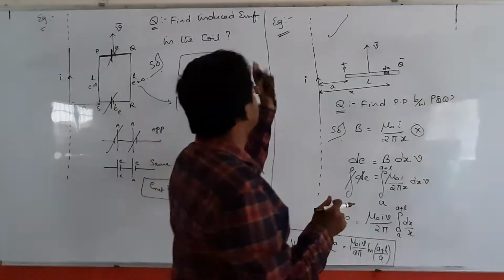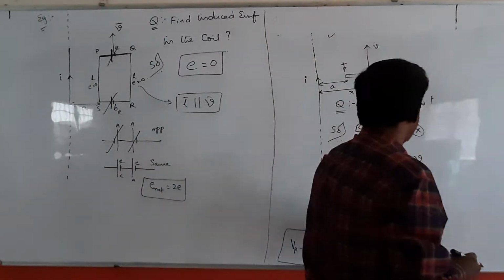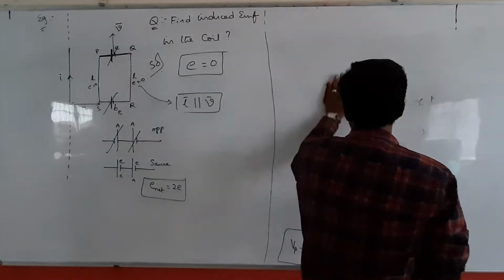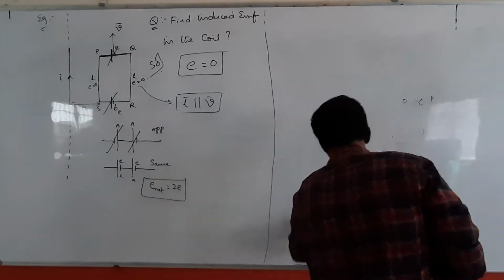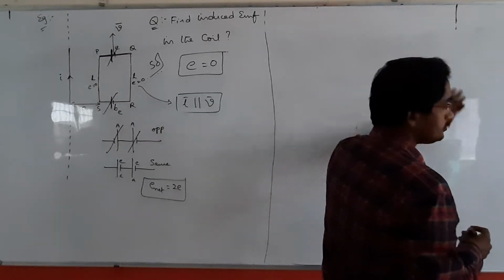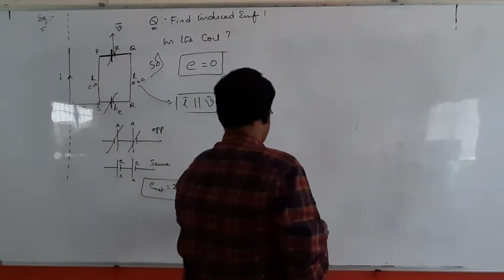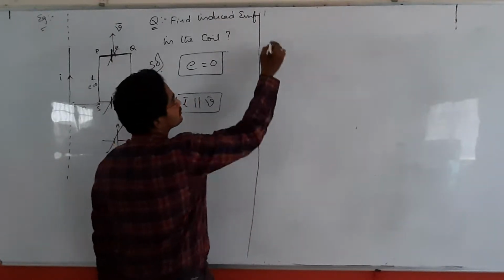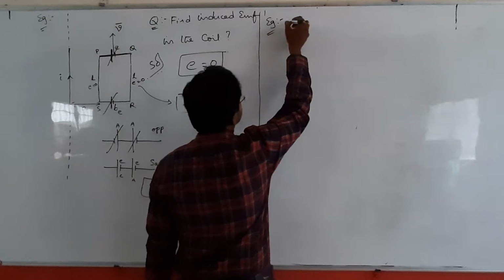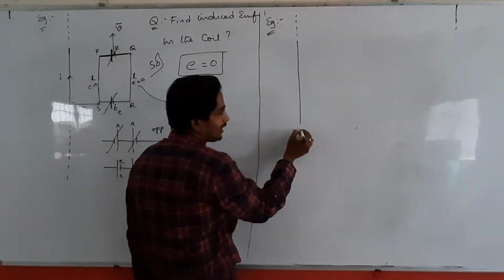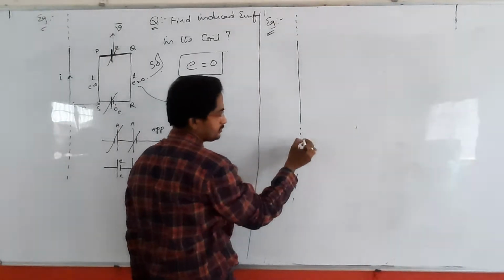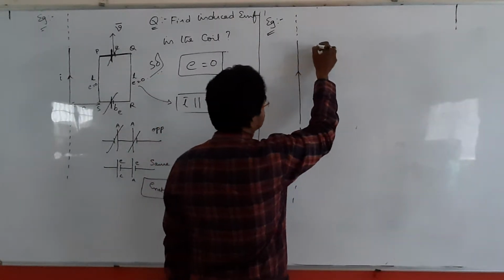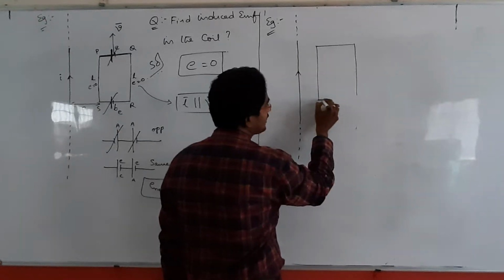Okay, next problem. There is an infinite current carrying conductor here, and a rectangular coil, same as earlier.